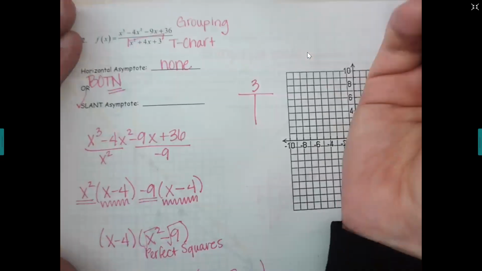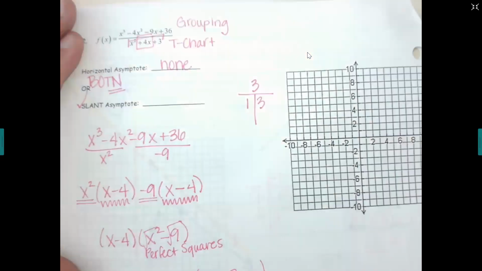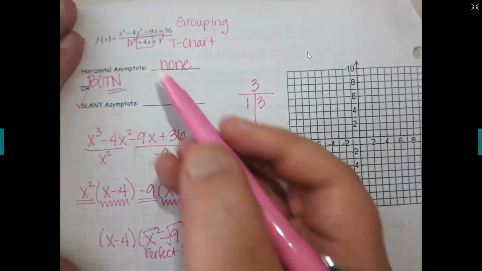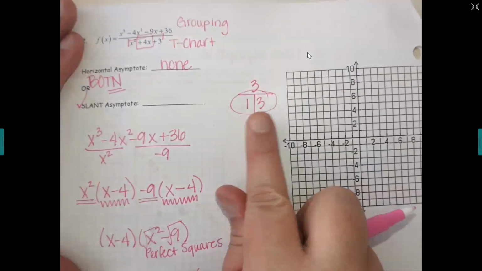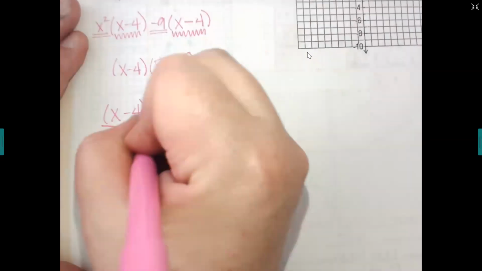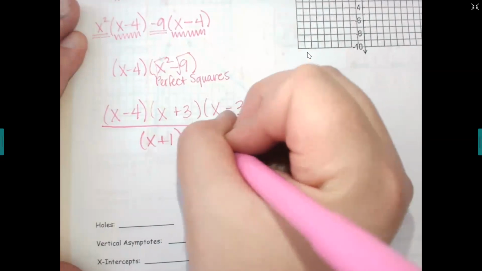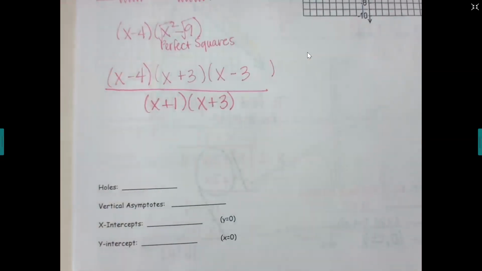And then what's the only way to get 3? 1 and 3. Do they also add to a 4 in the middle? Then we know we got the right partners. Can I go straight to my factors? Because x squared is alone. So it'll be an x plus 1 and an x plus 3. All right, so we have it all the way factored.